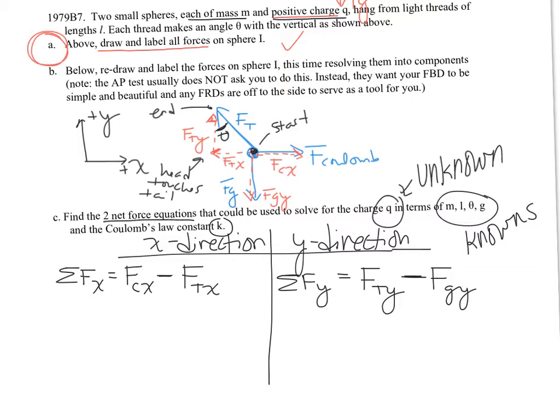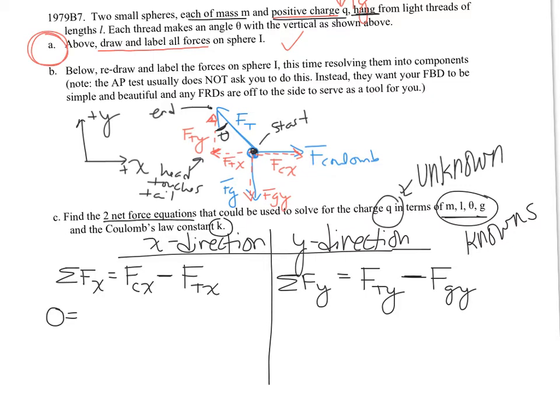So now I'm going to replace in these equations what I can using these letters. I know my sum of forces in the x direction is 0 because this is an equilibrium problem. They're hanging from light threads, they're not moving. So the forces on them must be balanced in both directions. I see F Coulomb in the x direction.